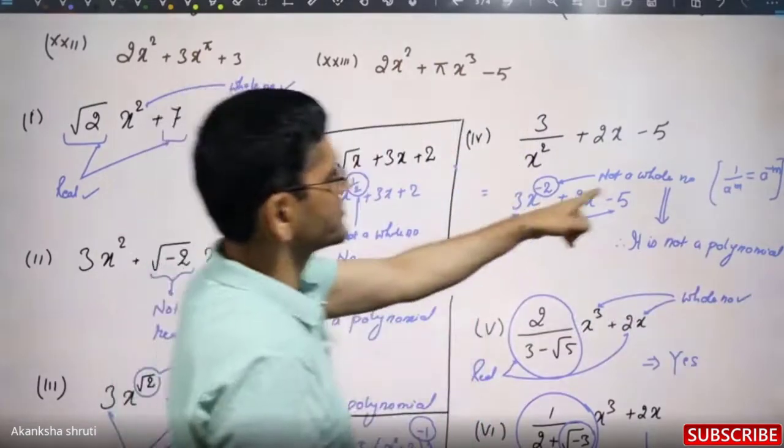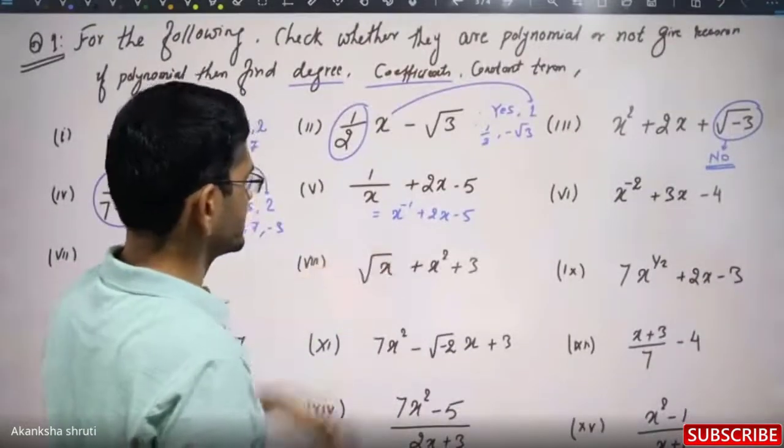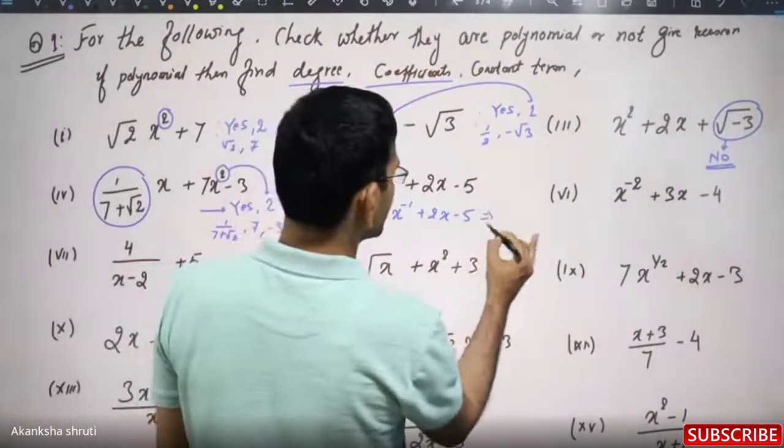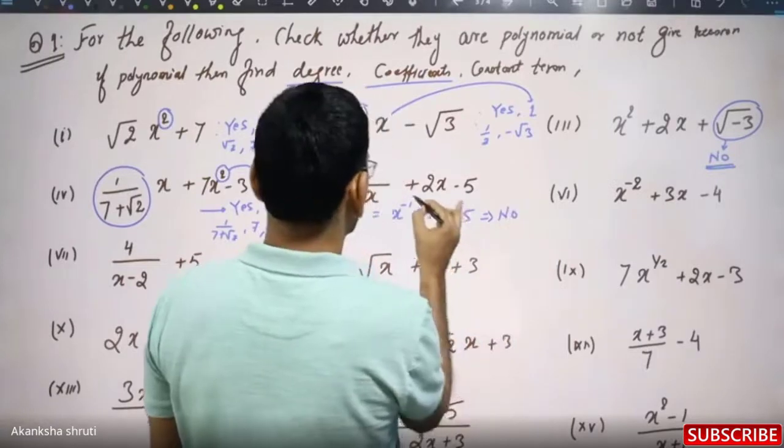So -2 is not a whole number, so it is not a polynomial. The same kind of question is this one. So the answer is no, and the cause is here.